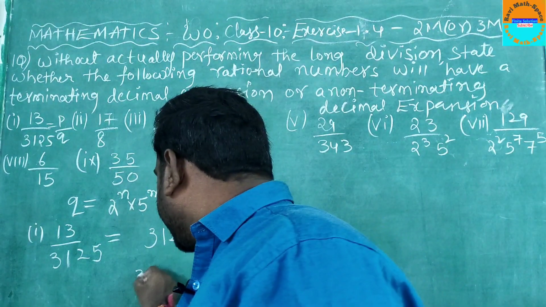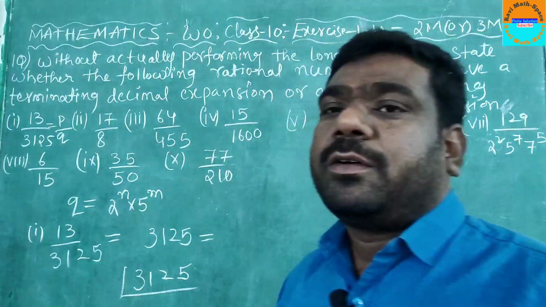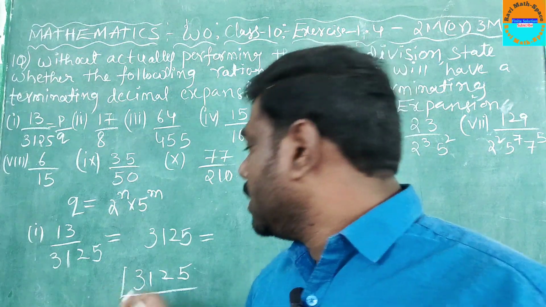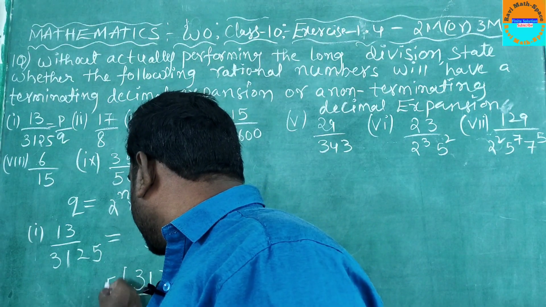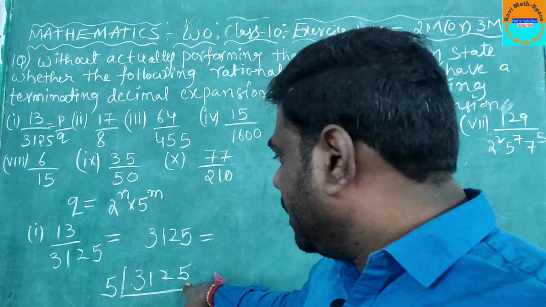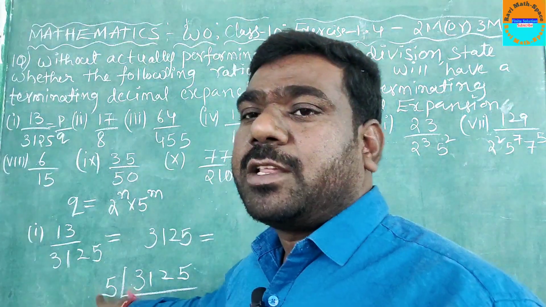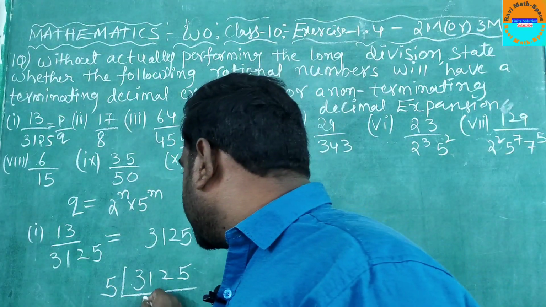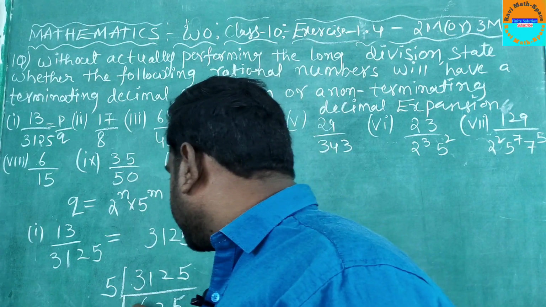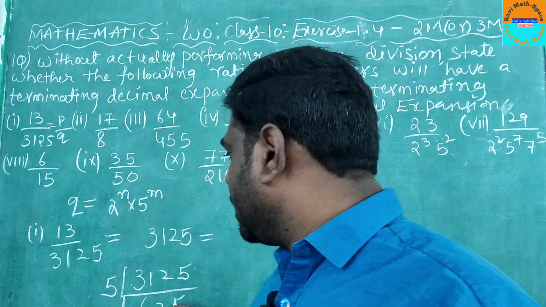How to find the prime factorization? We have so many methods. Now we can find it easily by using the division method. This number is divisible by 5, because a number ending in 5 or 0 is divisible by 5. So 5 sixes are 30, 5 twos are 10, 5 fives are 25. Next we got 625.